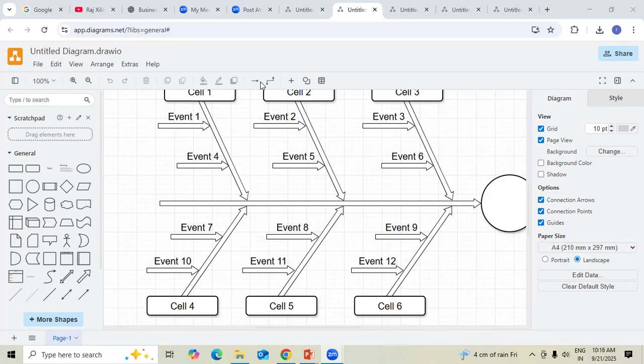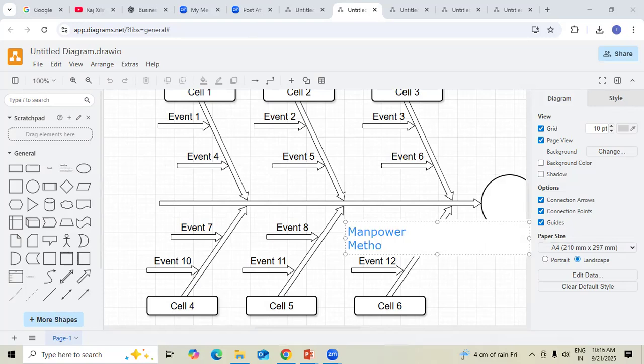These are the different activities or processes which are involved, the different P's, which are as follows. The first one is manpower, nothing but people. When we are understanding the manufacturing process as far as the fishbone diagram is concerned, one is manpower, point number one.